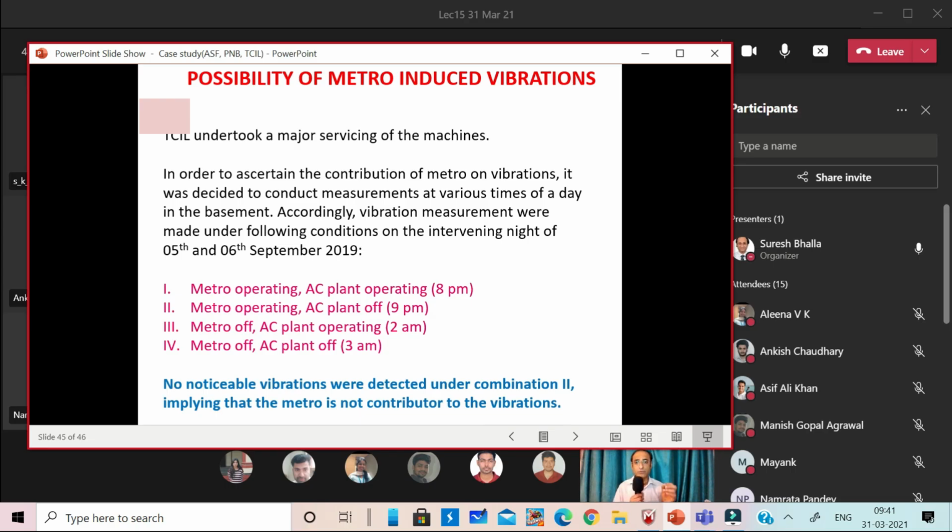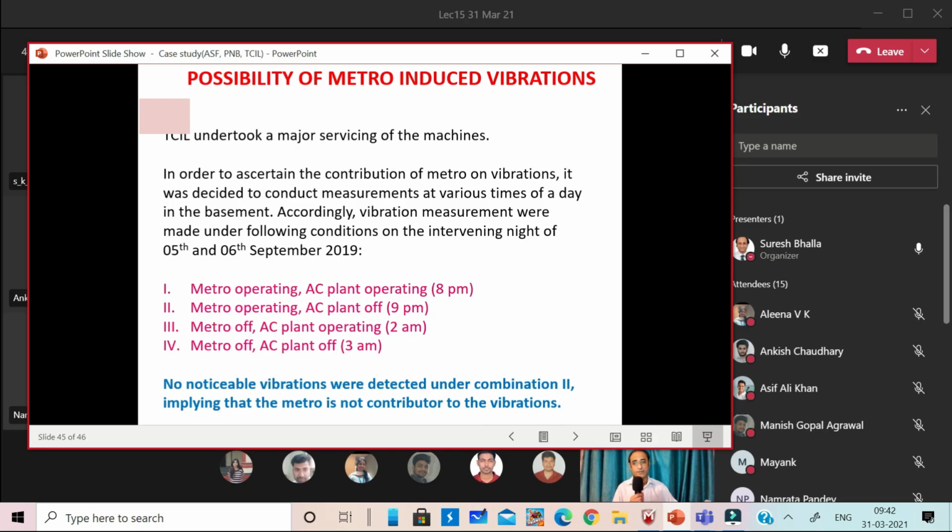But of course, when the two are operating together, then there is vibration. But this measurement, when the metro is operating and the AC plant is off and there is no noticeable vibration, totally eliminated the metro as the reason.